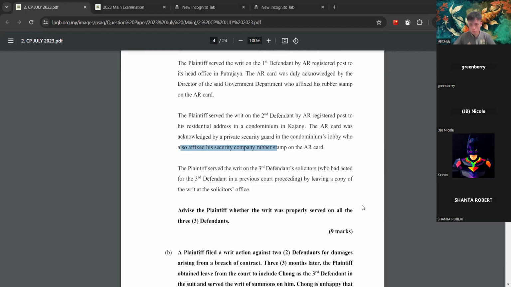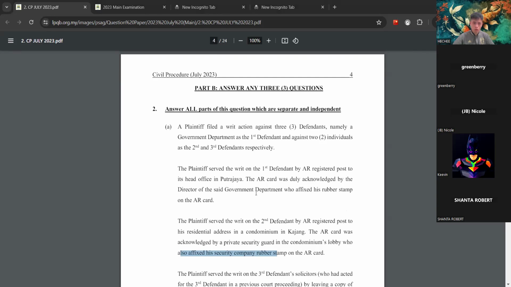If this is what happened in your exam, I would suggest you all to separate your answer into three different subheadings, because this will be easier for you to write out the answer and also easier for the marker to mark your answers. So we come one by one.